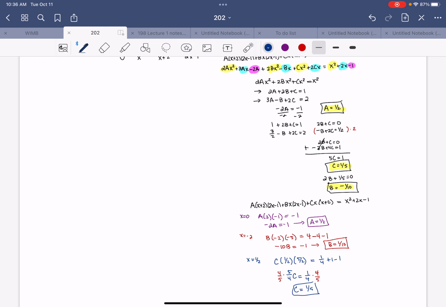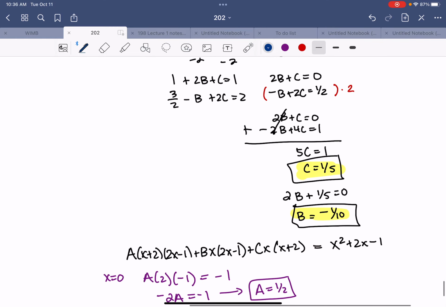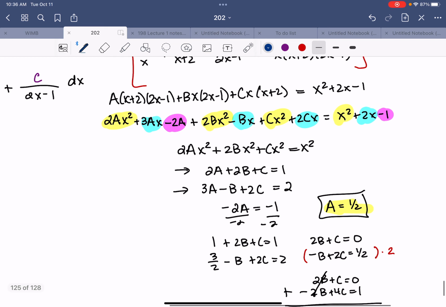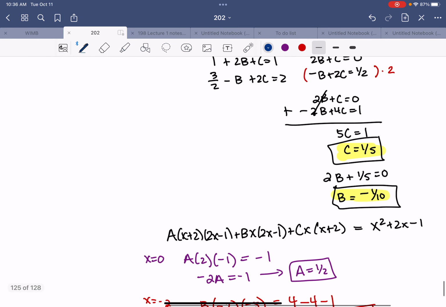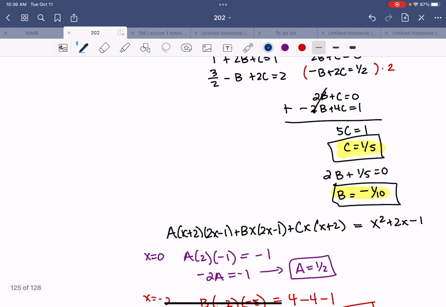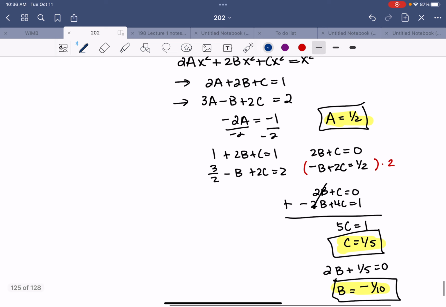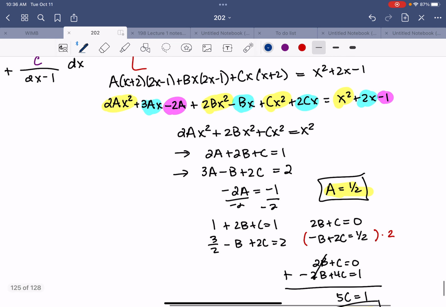Oh, wait, hold on. Discrepancy here. I've got negative 1/10 and positive 1/10. So let's go back and check to see which one is right. So up here, we had 2b plus c.